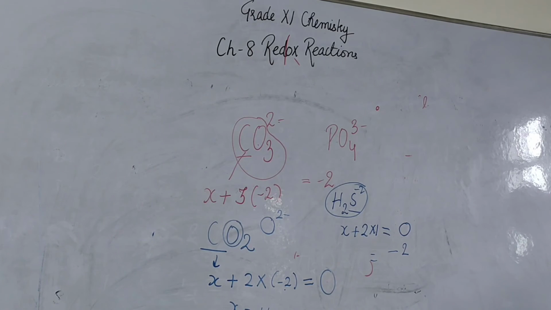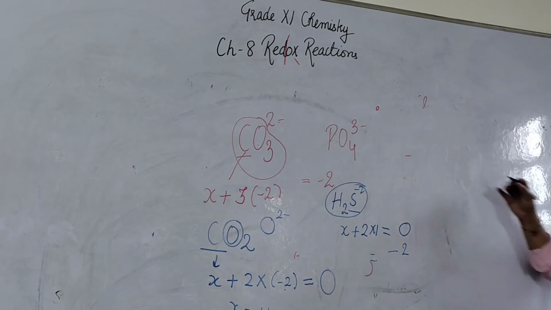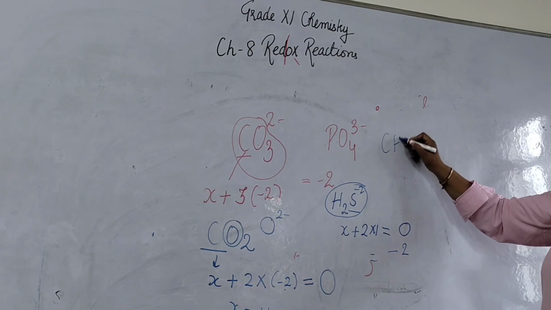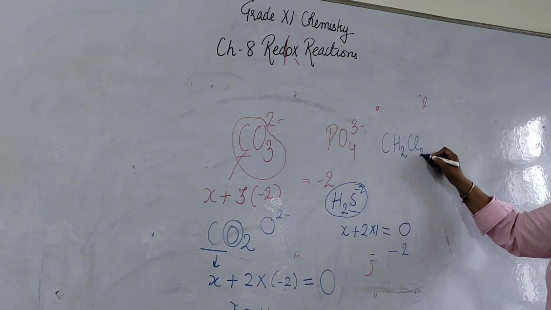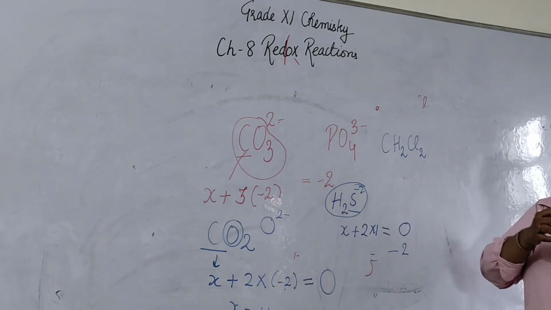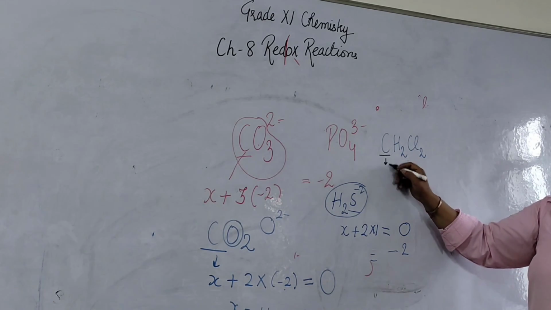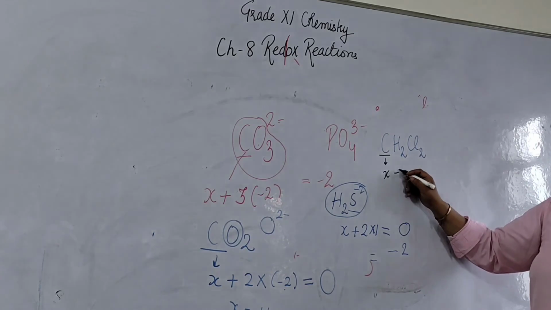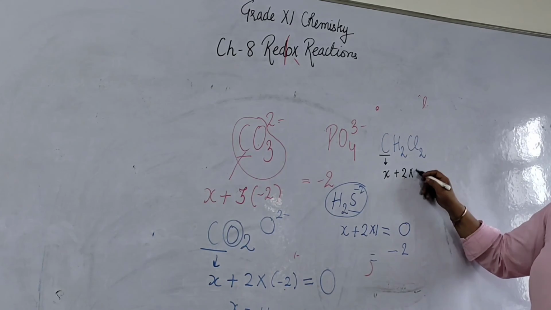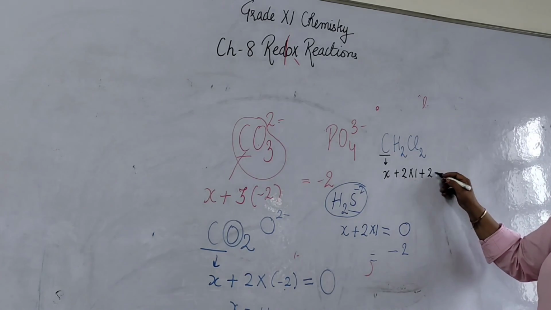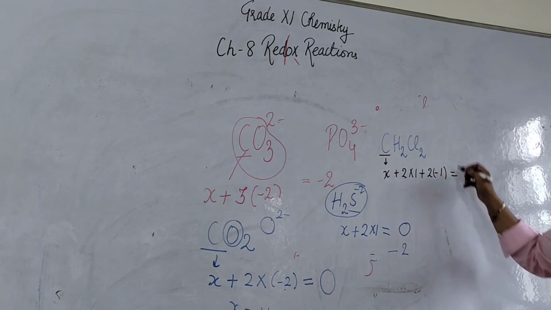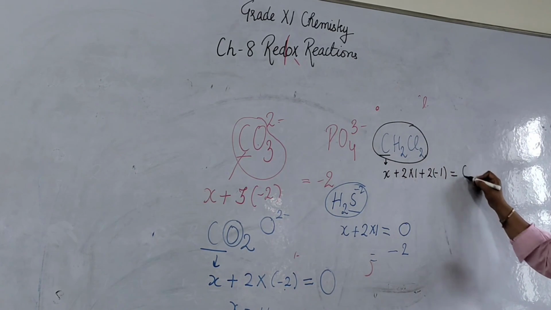Likewise, take one more, CH2Cl2. Calculate the oxidation number of carbon. It will be X plus 2 into 1 plus 2 into -1 equals 0, as it is a neutral compound.